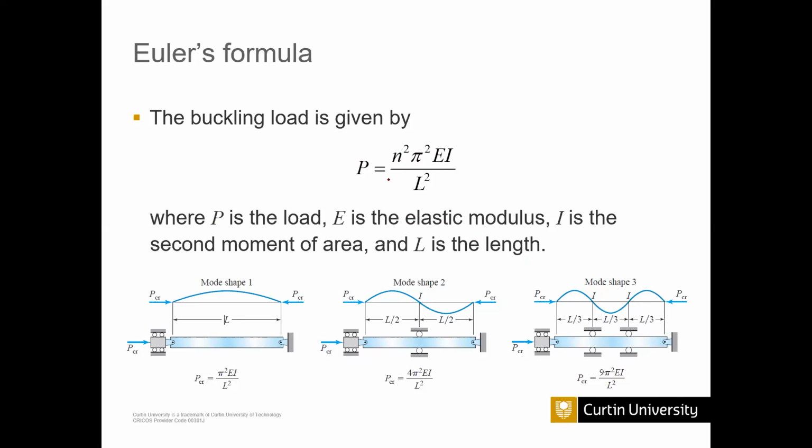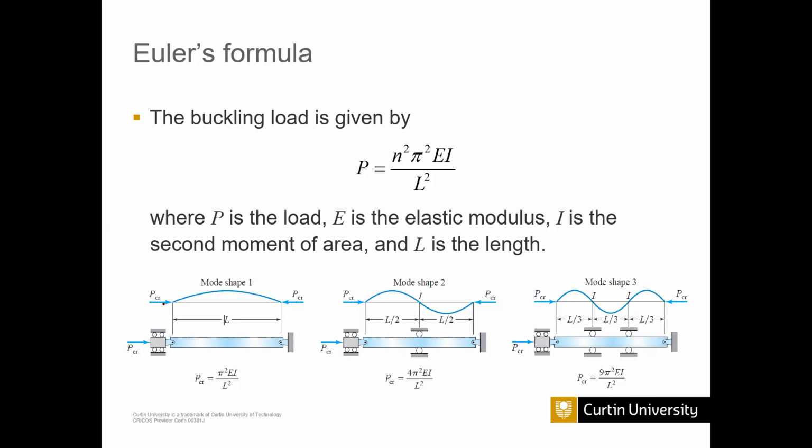In here, n means this number of loops you can see here. So if we have one loop like this, we call n equals 1. If we have two loops, n equals 2. So that's why it's in here 4, because n is squared. And if we have 3 like this, it is 3 squared, 9.